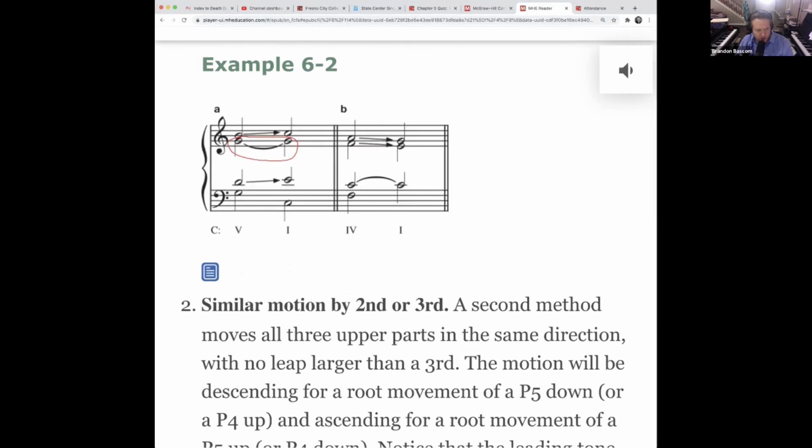So we have a common note. The bass moves down, so the other parts are going to move up by stepwise motion. All right, in example B, our common tone is the C. The bass part moves up, so the other parts move down in stepwise motion.